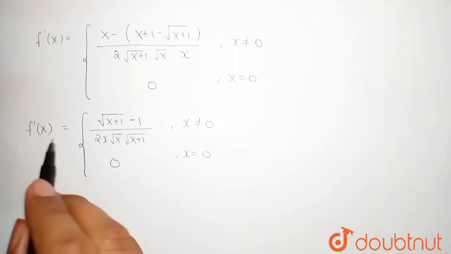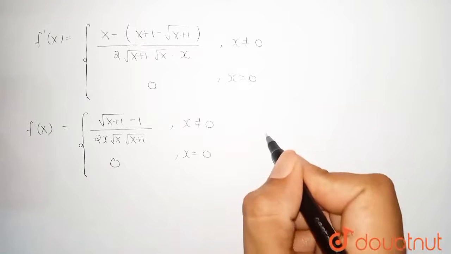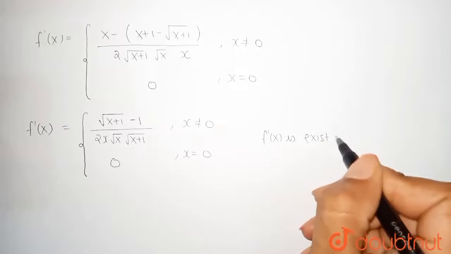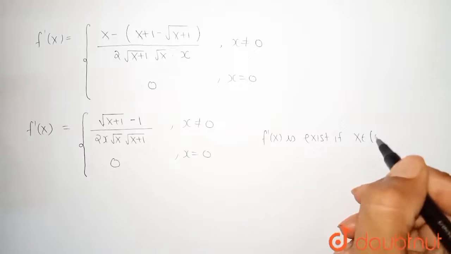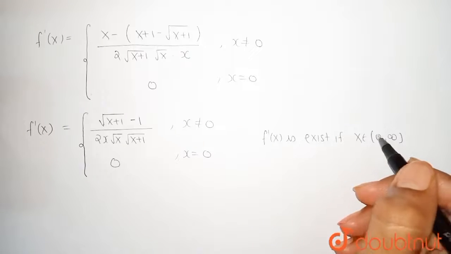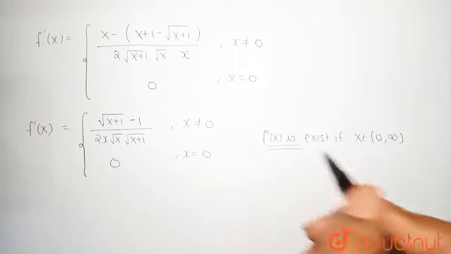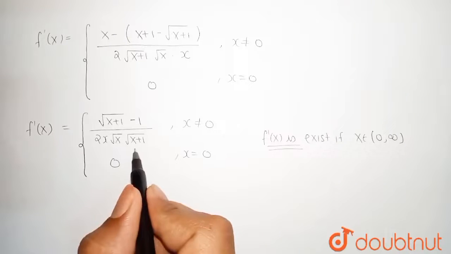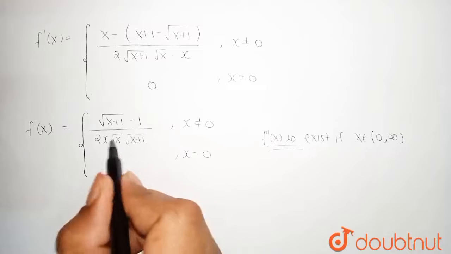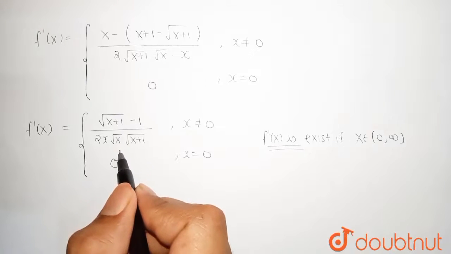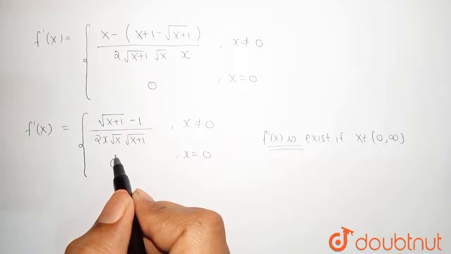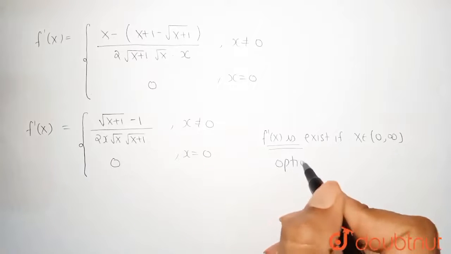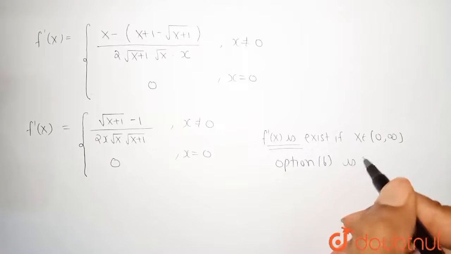Hence f dash x exists if x belongs to 0 to infinity. That means our function is differentiable for all x belonging to 0 to infinity. And if x is less than 0, then this whole term becomes imaginary, which is not valid. So our true option is option B. Option B is true.